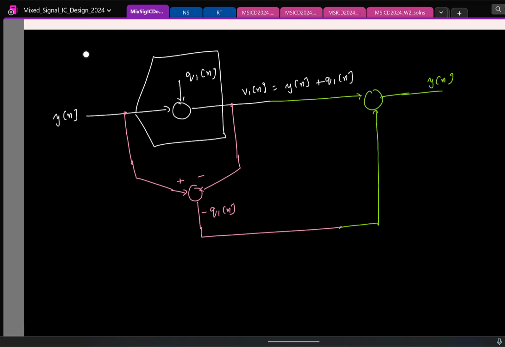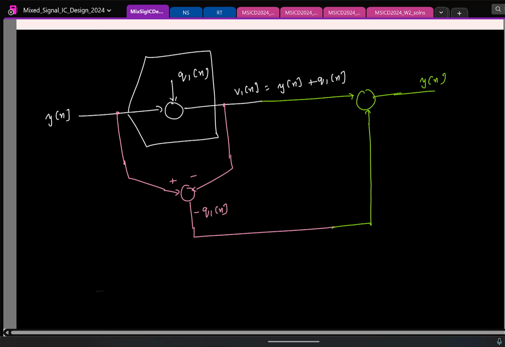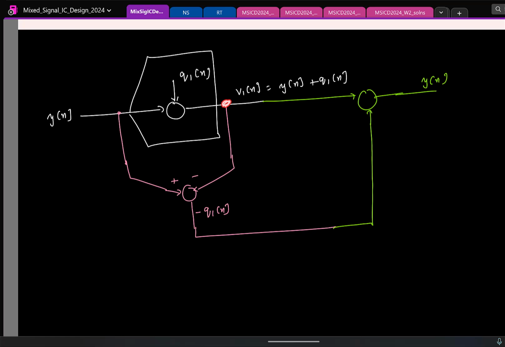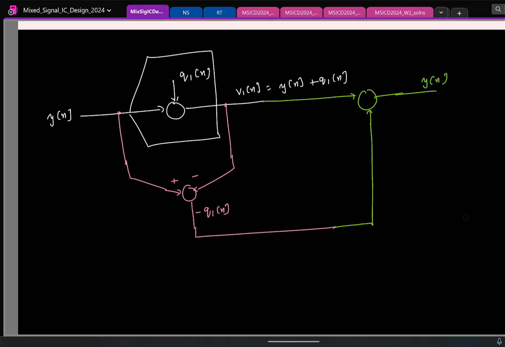I mean, remember that at the input of the ADC is an analog signal. Output of the ADC is digital. So if I have to subtract it, I'll have to cross the domain, right? So I can basically do it in two ways. This is analog, this is digital. I can either convert both to digital or convert one of them so that both are in analog and then do it.